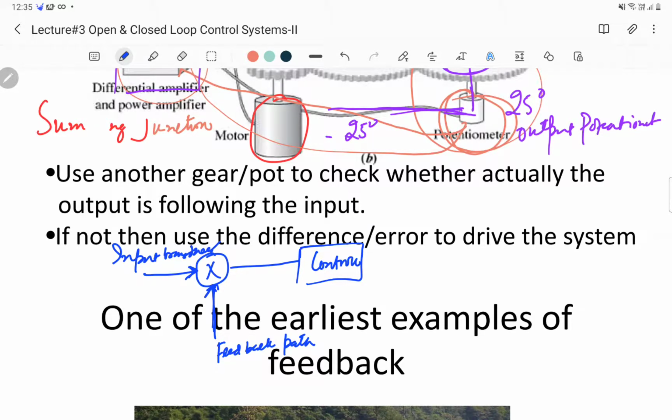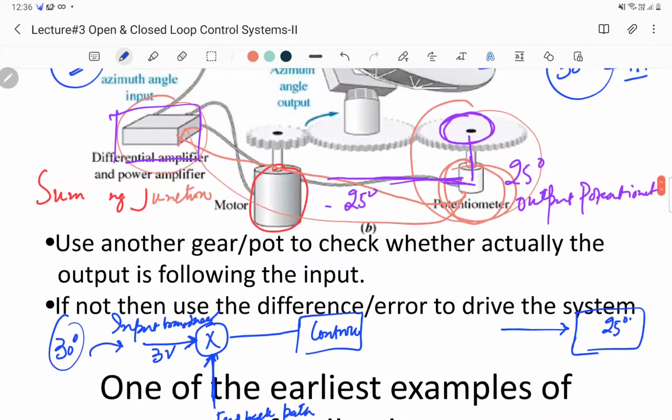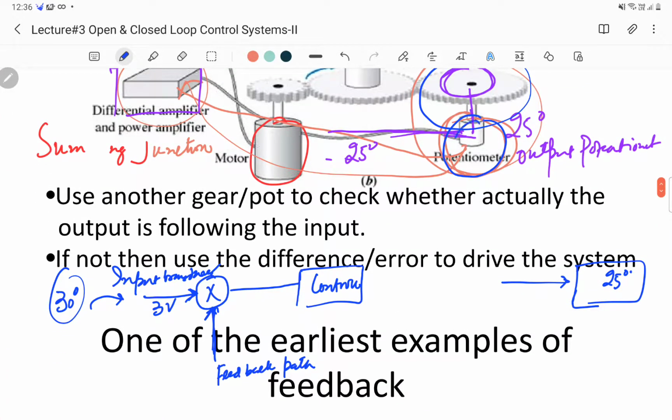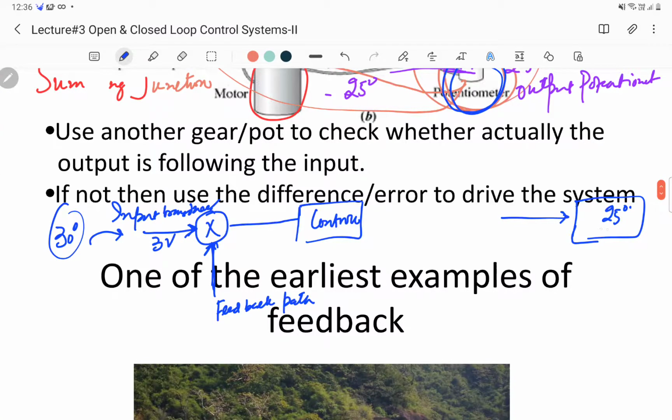Now the fact is that we are trying to rotate it by 30 degrees, and say for example the signal corresponding to 30 degrees is 3 volts, and on the other side the output is only 25 degrees, so the antenna system is rotating only by 25 degrees. So the output transducer produces a signal corresponding to 25 degrees, and let us say the signal corresponding to 25 degrees is 2.5 volts.